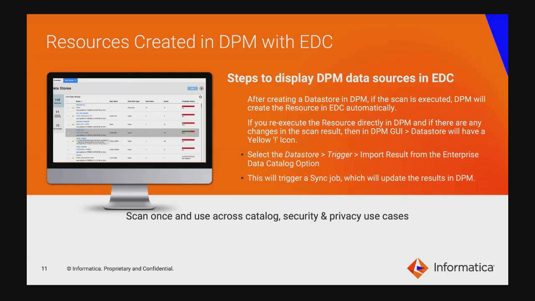If you have scanned a source in DPM, these scan results are actually available in EDC, right? And further along, if you are using EDC for your scans, and you scan that specific resource that was created in DPM from the EDC UI, you can import those results from the enterprise catalog action also.